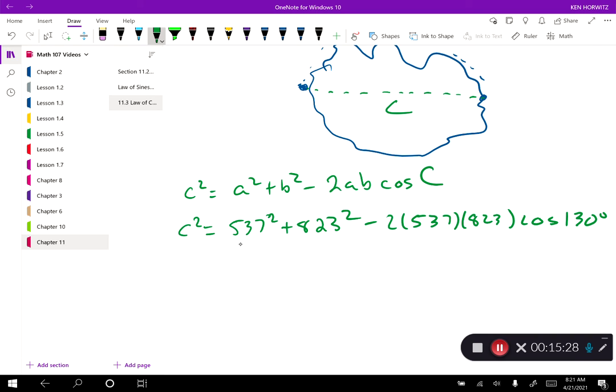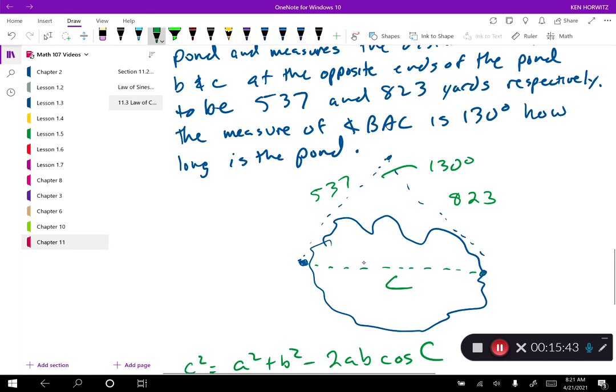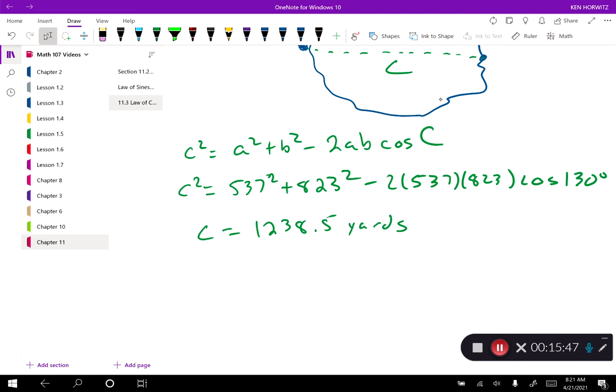All right, so the answer I got was C equals 1,238.5, and I believe the label was yards. Let's take a look. See, yards. It is important in these word problems to make sure that you don't just get the number.